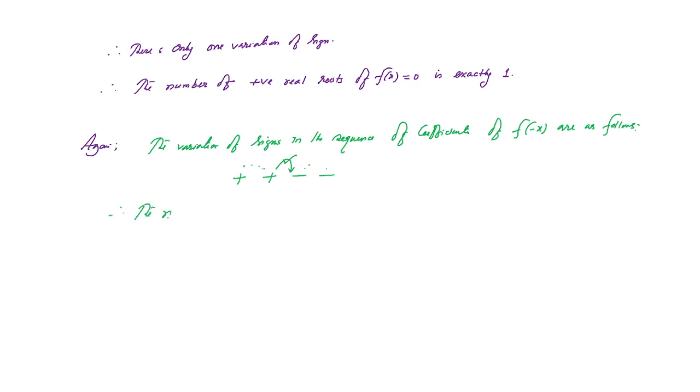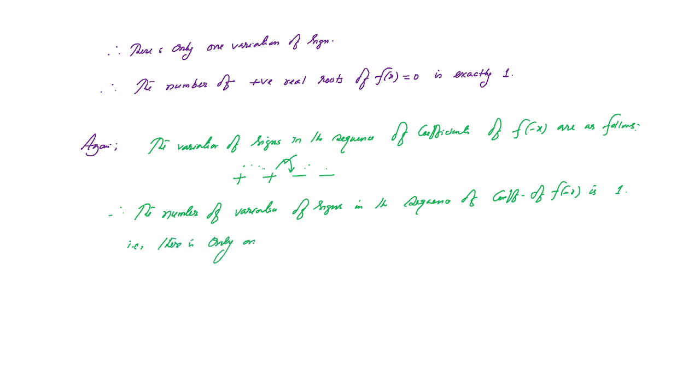Therefore, the number of variations of sign in the sequence of coefficients of f of minus x is basically 1. That means there is only one variation of sign.